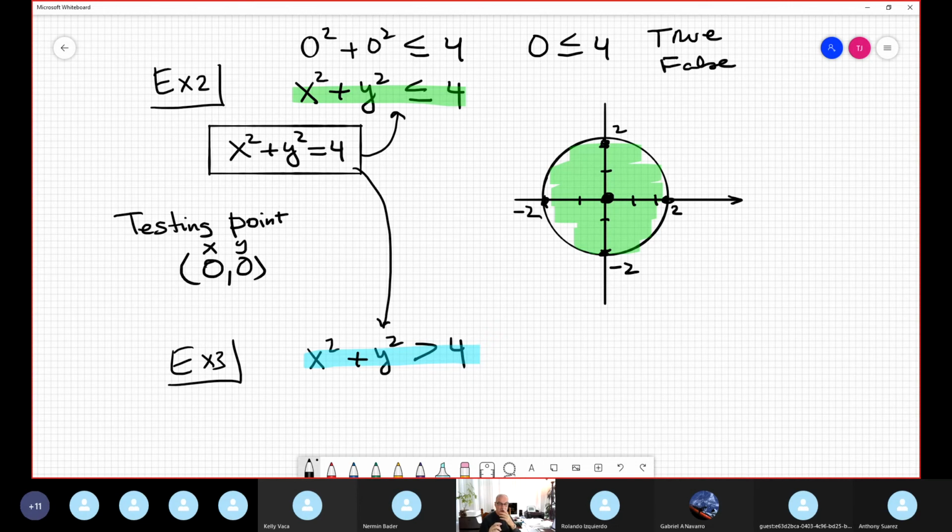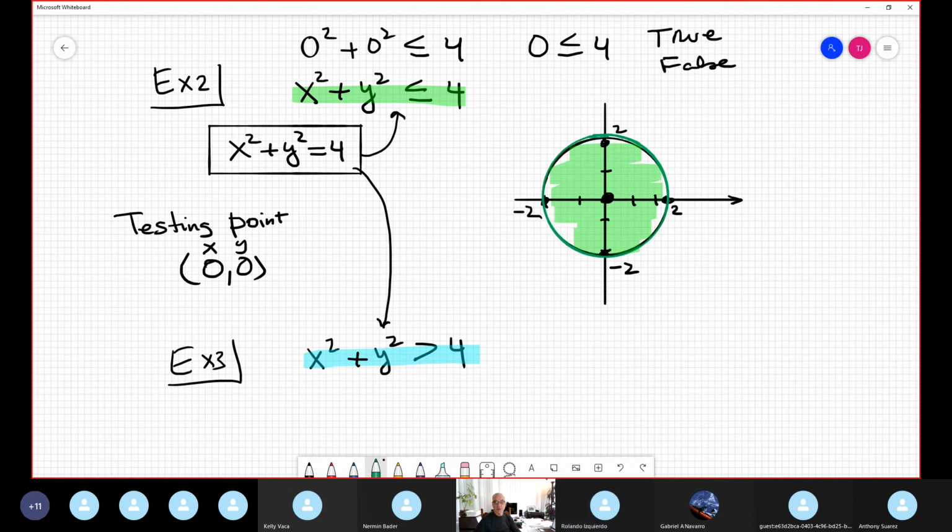And what do you think about the boundary in between? Is it included or not? So is this green or not green? Include the boundary or not?